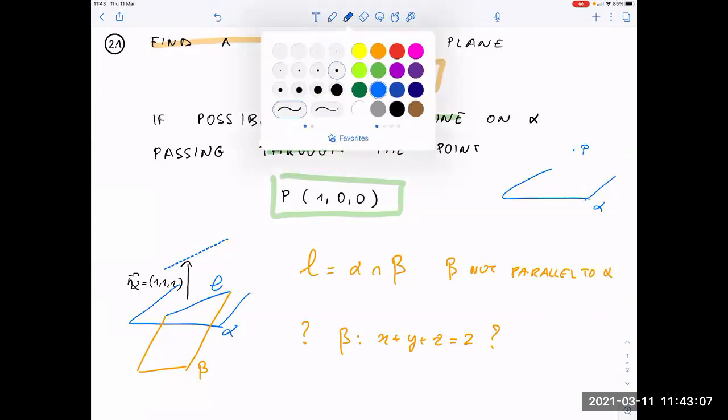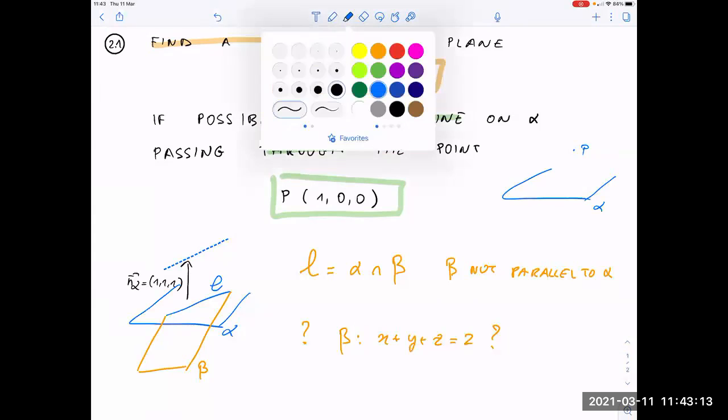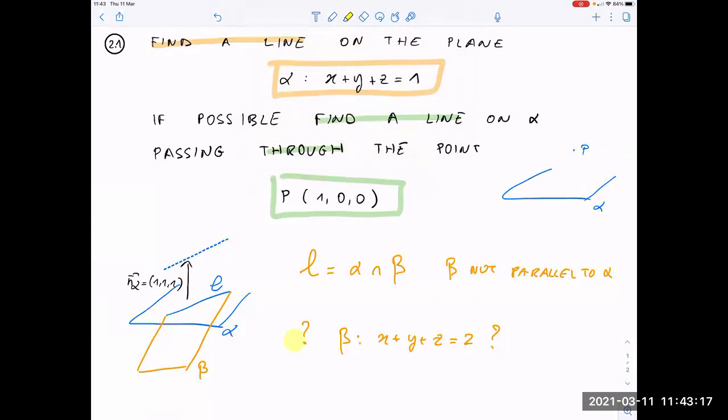Or maybe it is not? Is this plane not orthogonal? Sorry, not parallel to alpha? Yes, the normal vector is the same, so they are parallel to alpha.